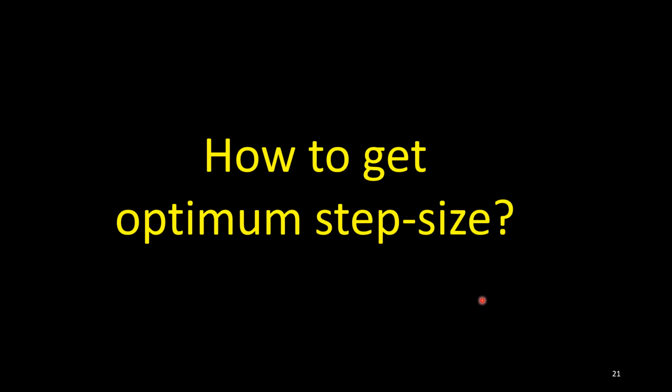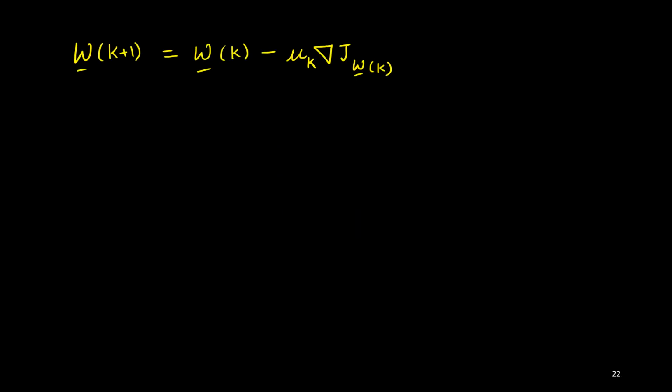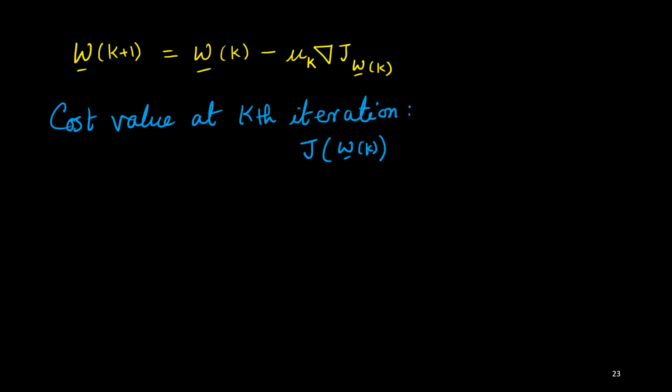Now, how to get this optimal step size? That is the concern. So what will we do? This is the update equation for the steepest gradient descent algorithm. We need to find mu k such that the error is reduced.